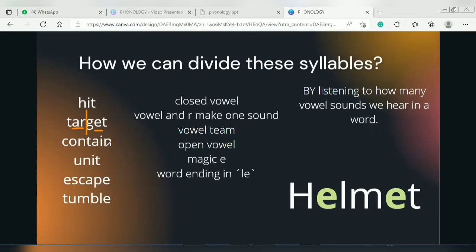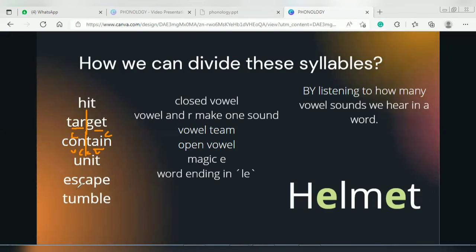Another thing, we have the vowel team like this, A and I, and also the same rule, vowel, consonant, consonant, vowel. We divide these two consonants like this, and we have two syllables. We have a closed vowel and a closed vowel too, but this is a thin vowel.